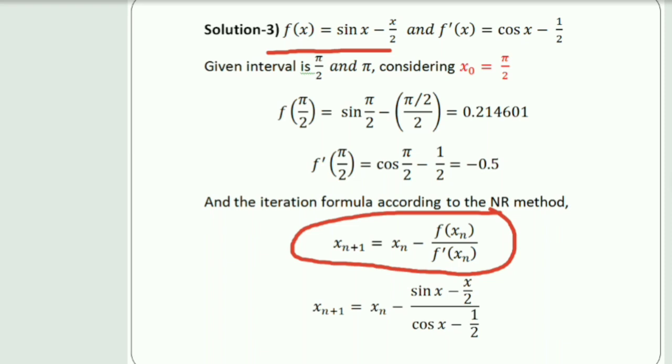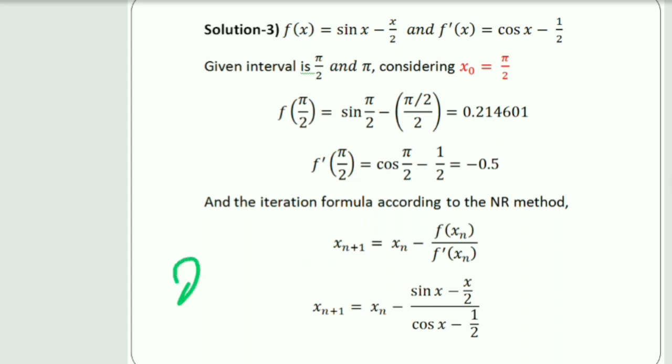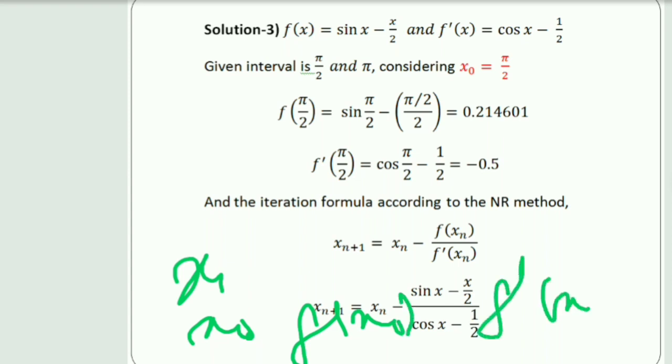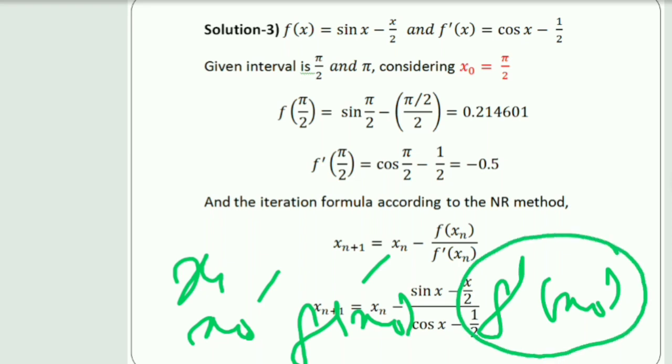Here we will use this formula directly, and for it I want the values of xn, f(xn) and f'(xn). For the first iteration, x1 needs x0, f(x0) and f'(x0). For the complete solution I have differentiated f(x) and got f'(x) like this.